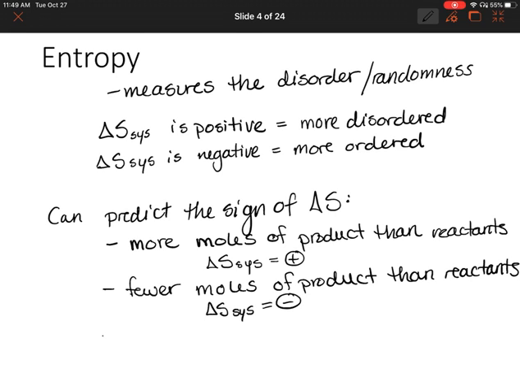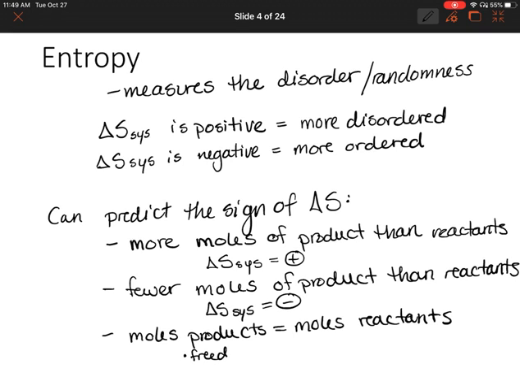Now, what if the moles of the products equals the moles of the reactants? Then it depends on the freedom of motion of your reactants and products.